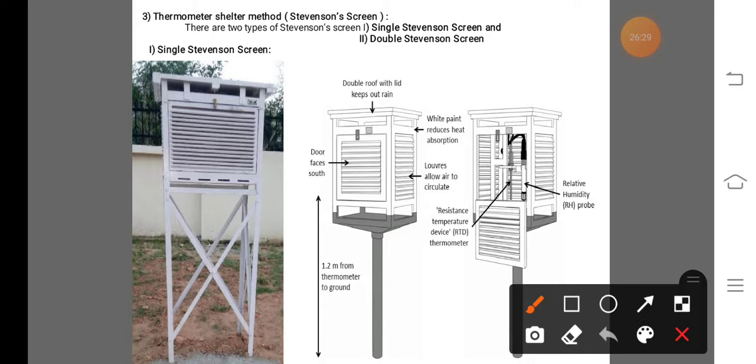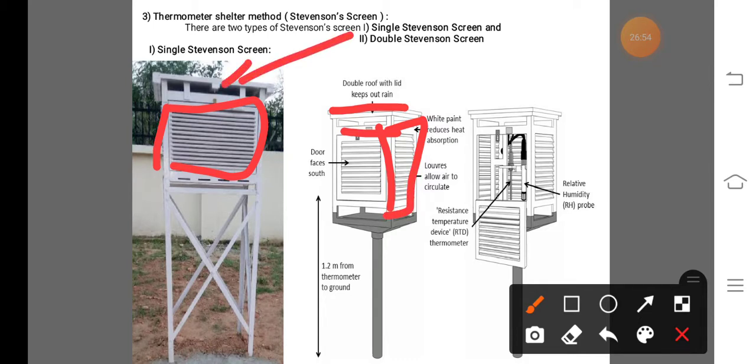And it also has a double roof, that means it is made up with a double roof, and the bottom and louvered sides are closed, like this net-like structure. The double roof is to protect the thermometers present inside from rainfall, snowfall, etc., and the louvered sides allow air to pass over the thermometers.